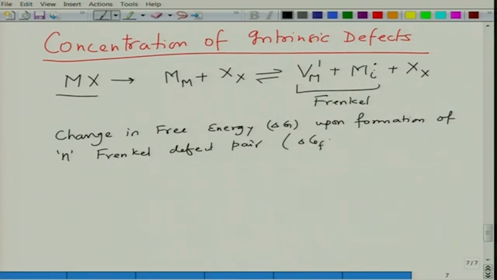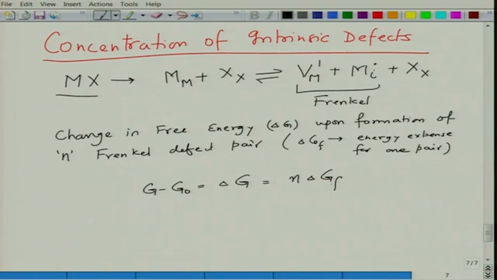And we say that delta G_f is the energy expense for one pair. Okay. So, G minus G naught, which is delta G, is equal to n delta G_f, which is the enthalpy term, minus T delta S_c. So, this is the change in enthalpy, which is nothing but the number of defect pairs multiplied by the energy that you need to create one pair. That is delta G_f.